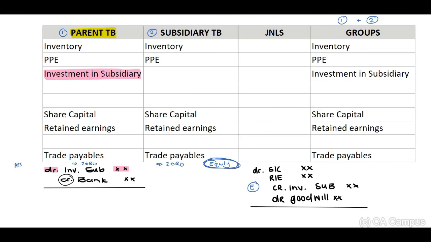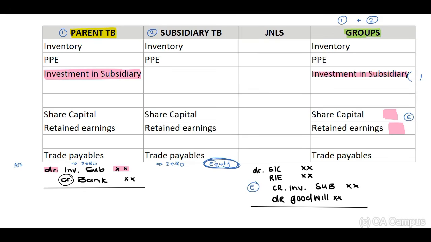Therefore, technically speaking, at the end, if you look at our group column, we will then double count for our subsidiary because we have our investment in subsidiary, and then we've included the share capital of our subsidiary as well as the retained earnings. Therefore, we include our equity as well as the investment. Double counting, right?